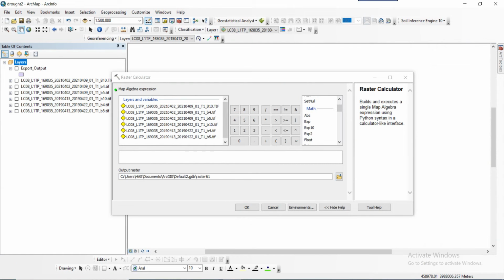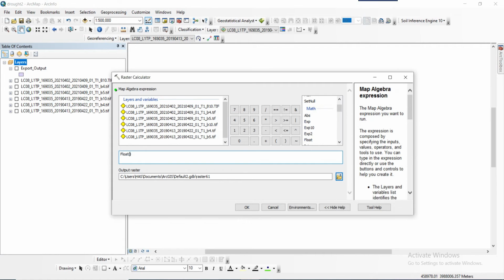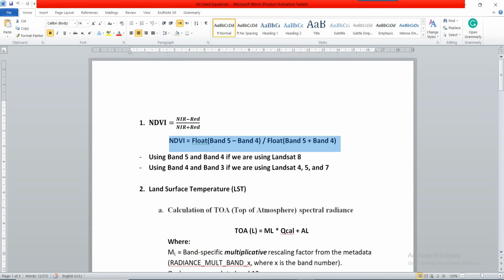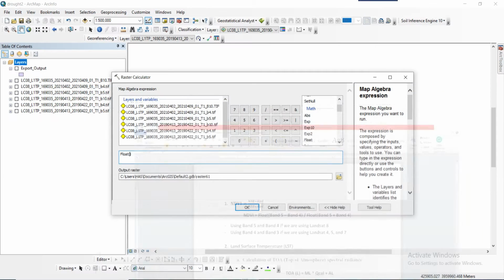We're going to use Float as mentioned in the formula.